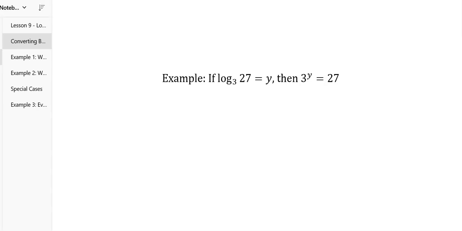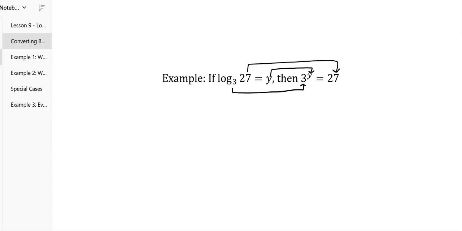So notice how my base of 3 became my base of the exponential function. My y then was put as the power for my exponential function, and then lastly we're taking that 27, and that is what it is going to be set equal to.